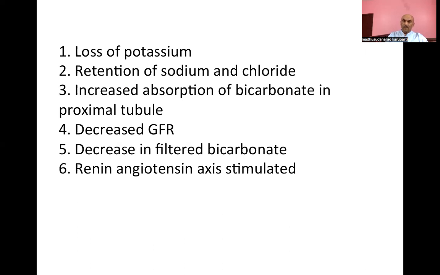There is increased absorption of bicarbonate in the proximal convoluted tubule. Because of the volume depletion, there is a decreased glomerular filtration rate and decreased filtered bicarbonate, and the activation of the renin-angiotensin axis again results in the loss of potassium and retention of sodium. So this is the renal compensation that maintains the metabolic alkalosis.